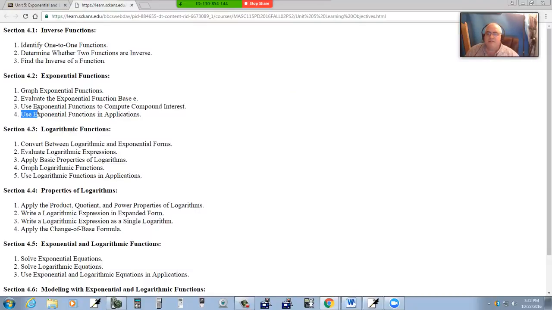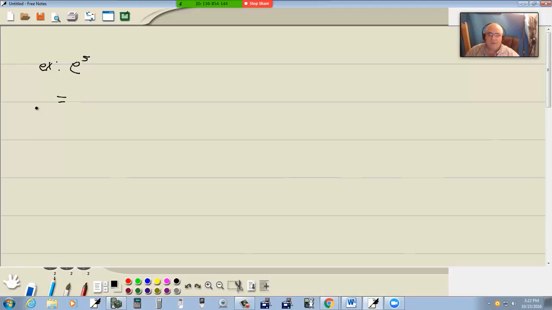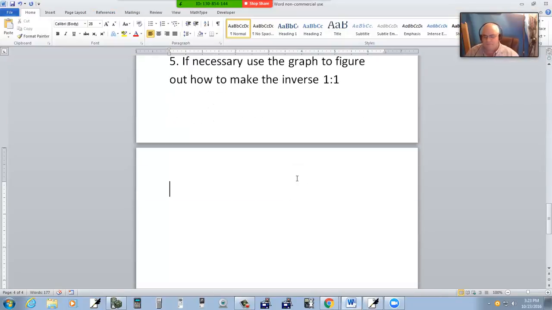Now this says use exponential functions to compute compound interest. We got two formulas dealing with that. So let's take a look at those. Compound interest formulas.